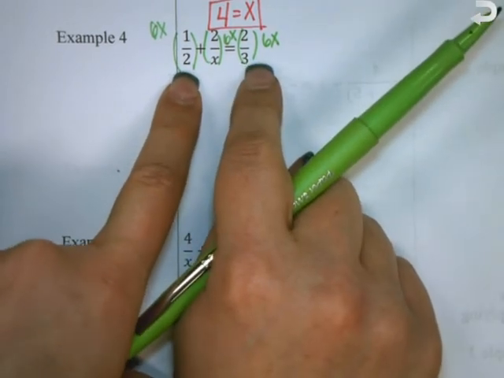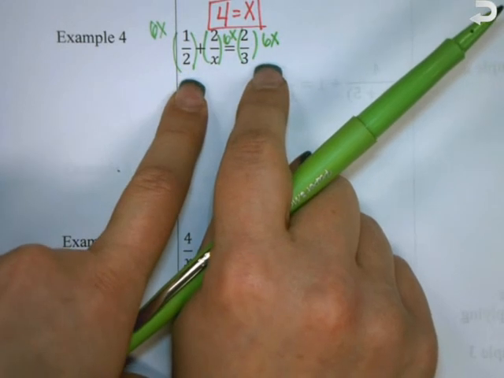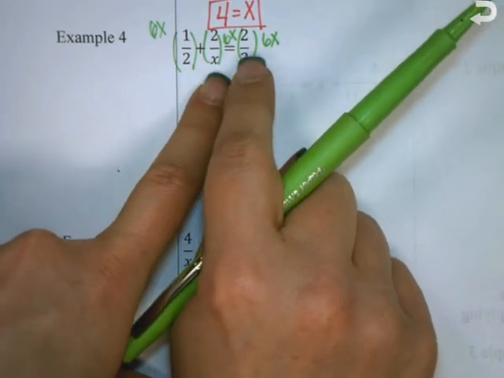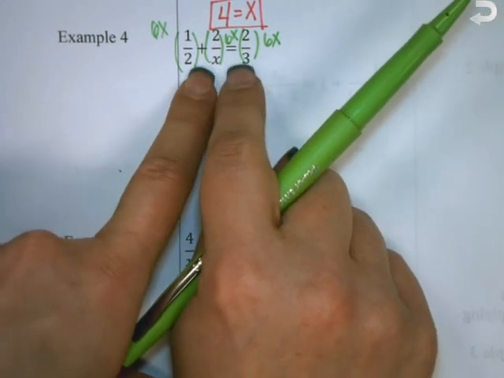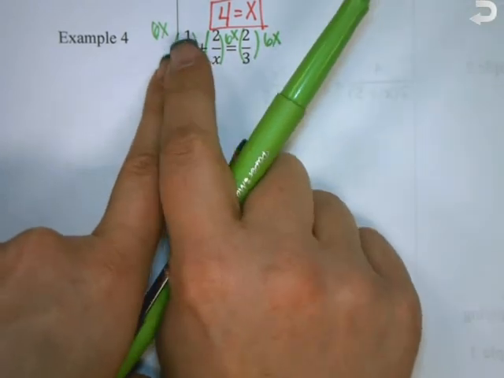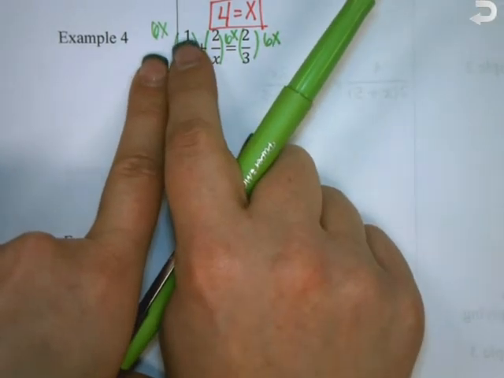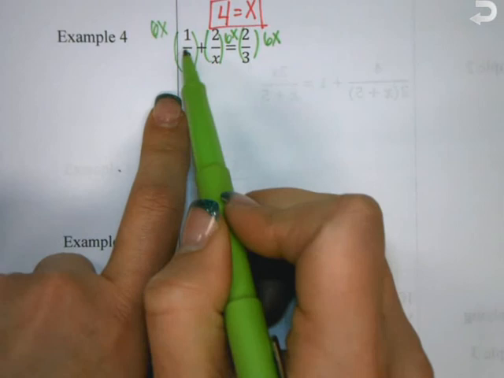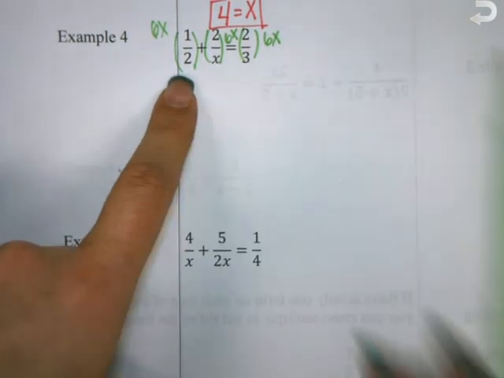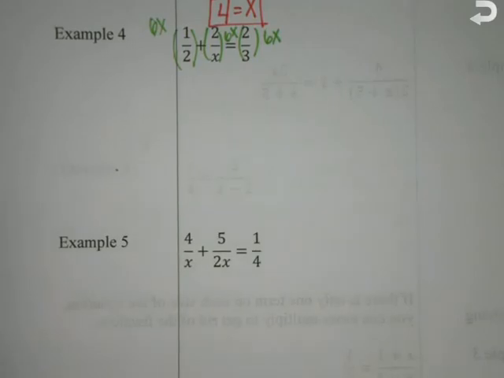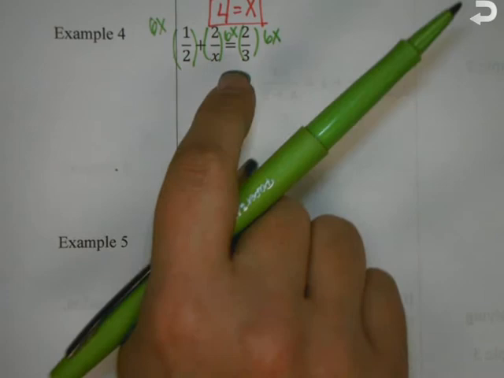But we also have to have this guy cancel with an x, so that's why we have to make it 6x. So look at all the denominators, and you have to find the smallest thing that every single one of them could go into. It's not always going to be so obvious. So for example 4, you had to actually think about it.